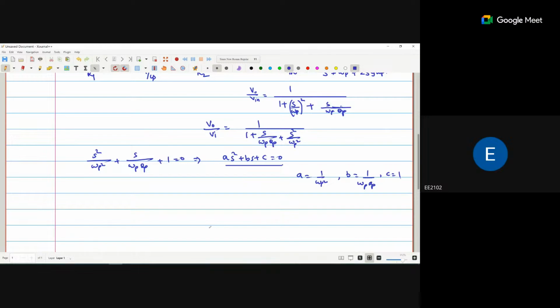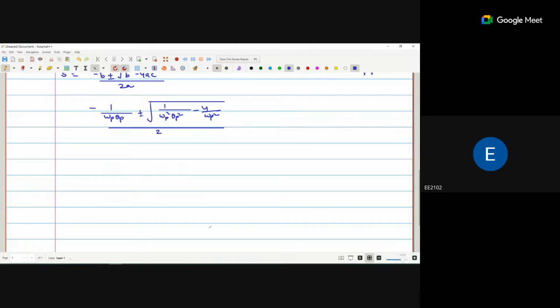So the equation of the roots: I just apply minus b plus minus square root of b square minus 4 ac, upon 2a. So minus omega p qp plus minus omega p square qp square minus 4 times omega p square, upon 2a, so 2 upon omega p square.